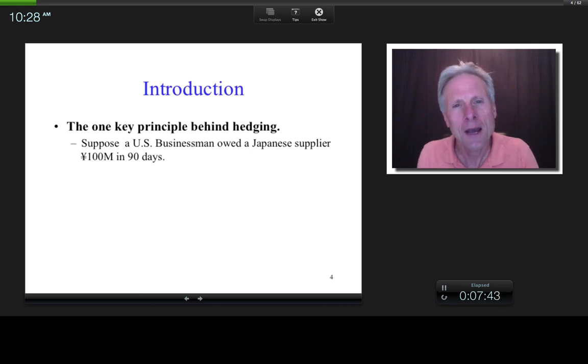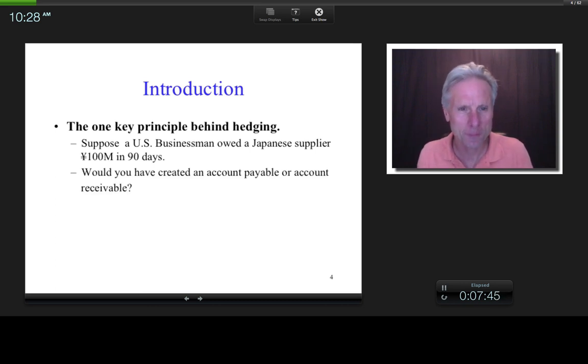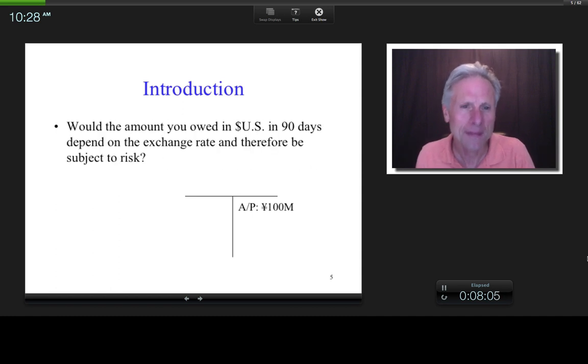Okay, now if you're the U.S. business person, would you have created an accounts payable or an accounts receivable if you're going to owe 100 million yen in 90 days? An accounts payable, right? I mean, there you have the accounts payable, and you owe 100 million yen in 90 days. Now, next question. The amount that you owe in dollars, would it depend upon the actual exchange rate and therefore be subject to risk?